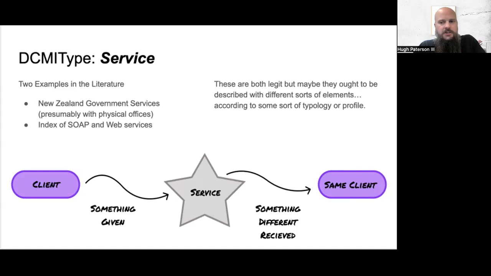And the idea in general in services is that there's a client or customer that has something to offer to the service, the service does something with that, and then the client or customer receives something back from the service, whether that's the same client as the giving client or a different client. Those are some open-ended questions.